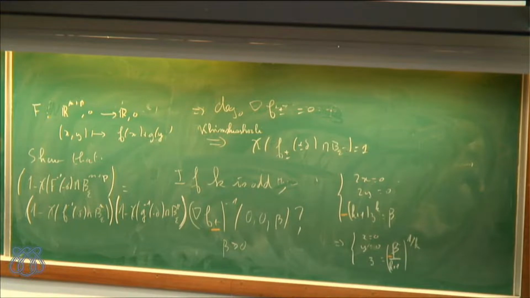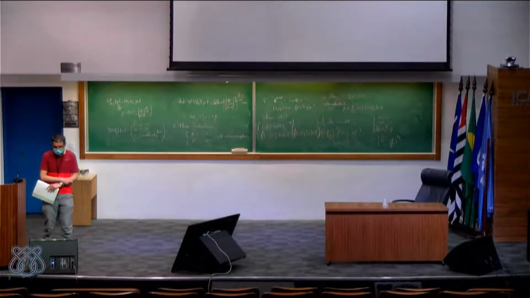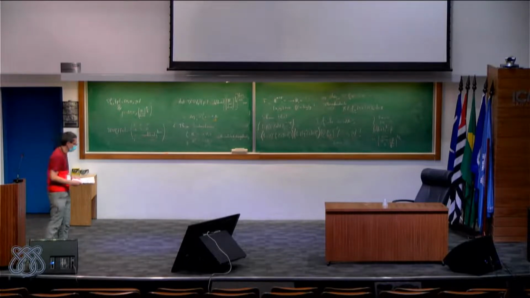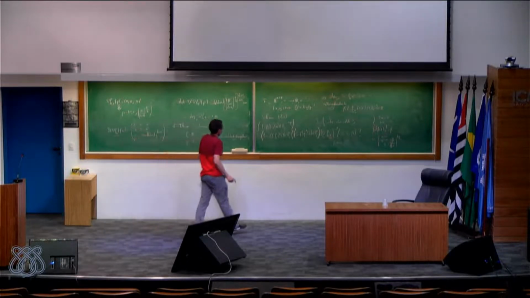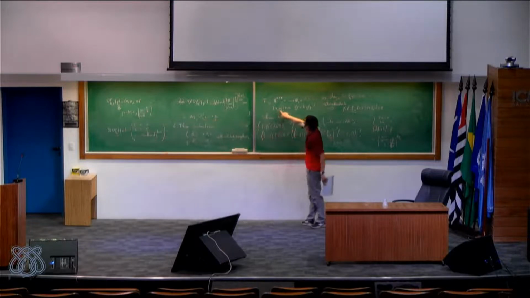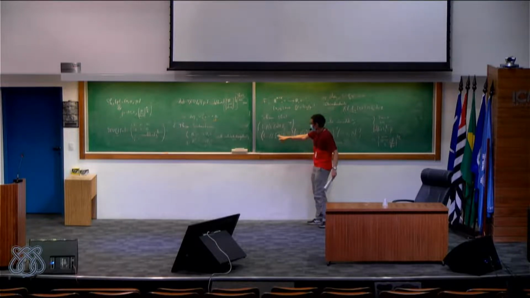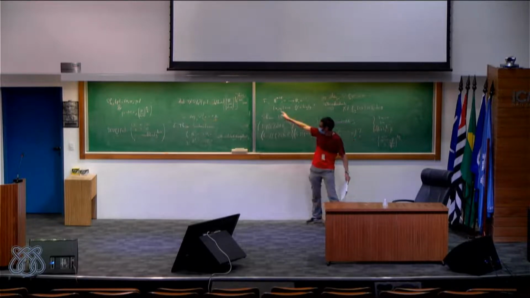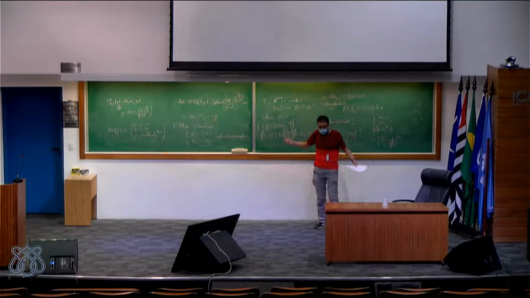If you have understood, what is the strategy to prove this Thom-Sebastiani formula? Kim-Chashvili, yes. You just prove that the degree of this map at the origin is a product. This is a reformulation of the fact that the degree at the origin of capital F is a product of the degrees.